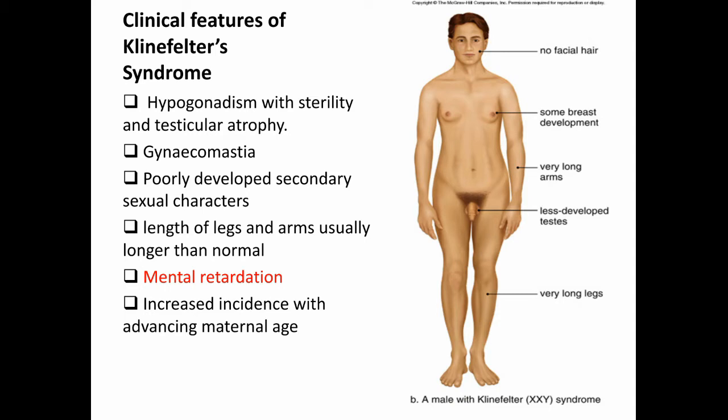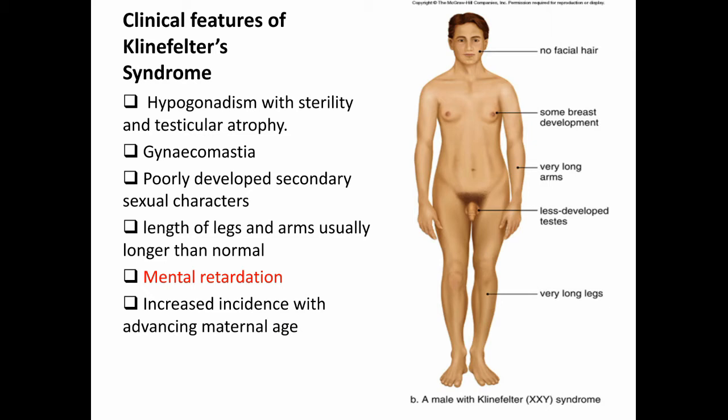There are poorly developed secondary sexual characteristics, that is what leads to loss of body musculature and loss of body and facial hair. So you see that there is no abundance of facial hair or body hair in this particular picture also, and the length of the legs and arms are usually longer than normal.